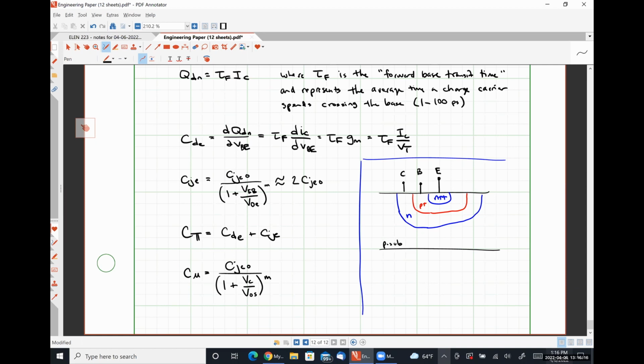Well, there's a junction between the collector and the substrate as well, because this is N-type and this is P-type. And so there's going to be a depletion capacitance here also. That's what CCS represents, okay? So it's a whole lot of depletion capacitance.